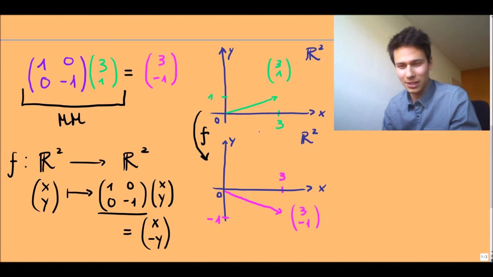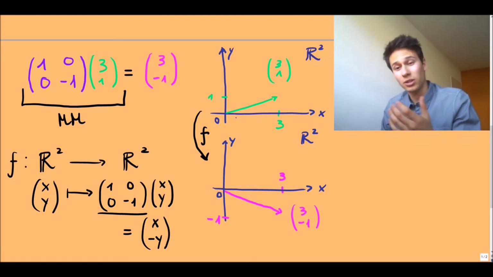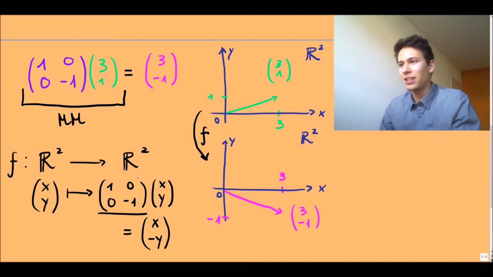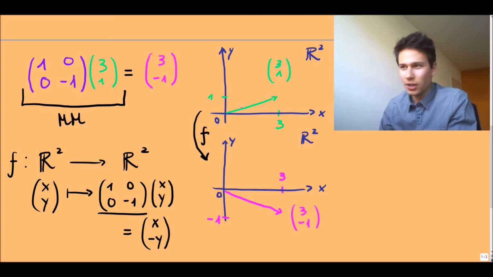I'm going to treat this in a separate video, so you can rotate your vector about a certain angle, and there's this thing called a rotation matrix in all different dimensions, and this rotates your vector about a certain angle. So you see that these maps with matrices are geometrical maps from one coordinate space to another coordinate space.